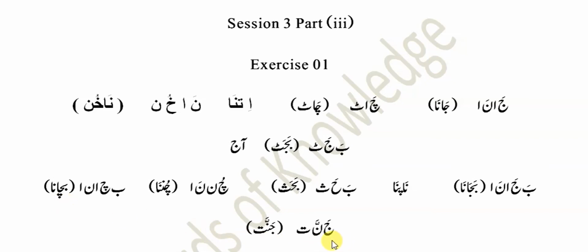And the last one has 3 alphabets, Jim Zabar, Noon. Noon has the tashdid sign over it and a diacritical mark. Noon zabar with tashdid. It is called noon zabar shad in proper accent.